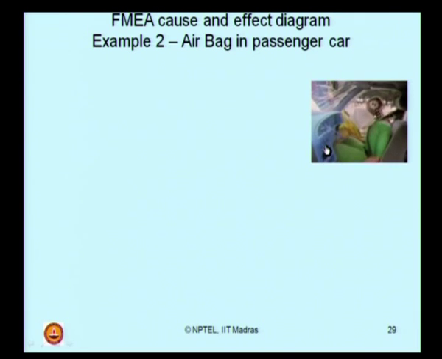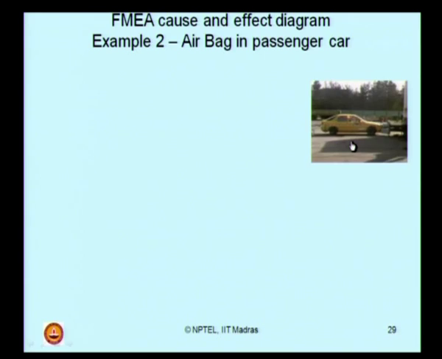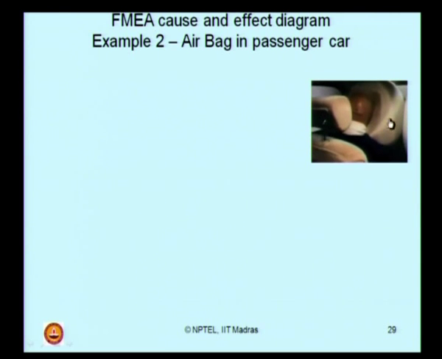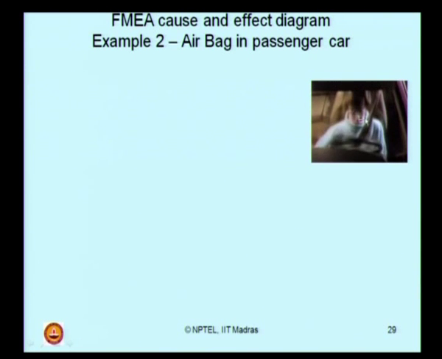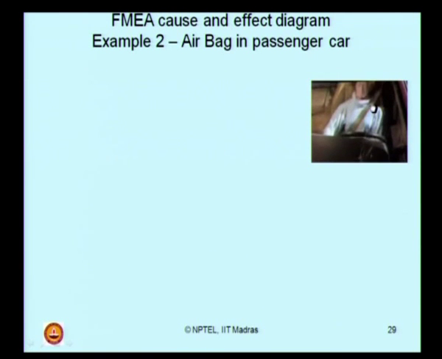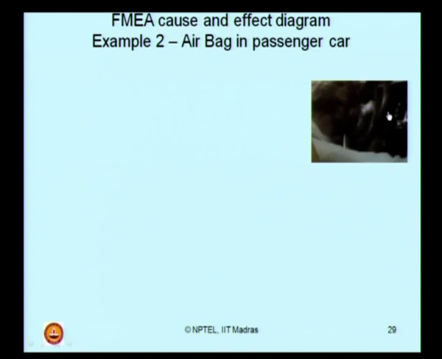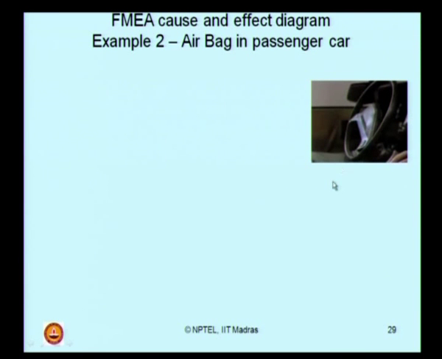Let us say, for example, this is an airbag which is coming forward from the steering wheel. If a vehicle has an impact load, before the person hits the dashboard, the airbag protects the person. If you do not have an airbag, the person hits his head on the steering wheel or the dashboard like this. So, the primary function of the airbag is to protect against head-on injury to the driver who is driving the car.